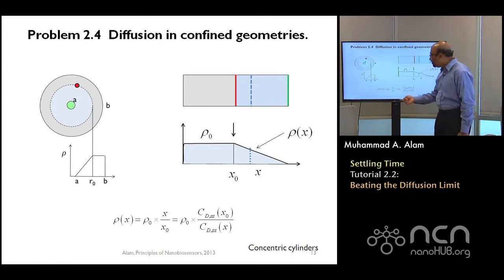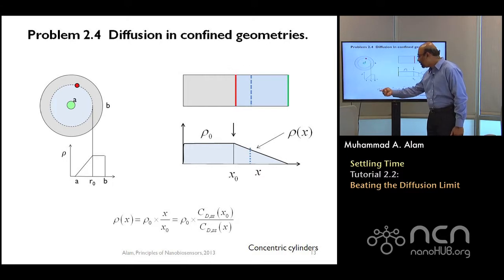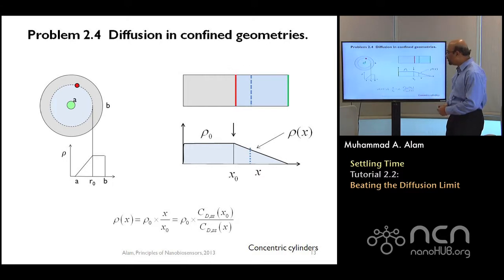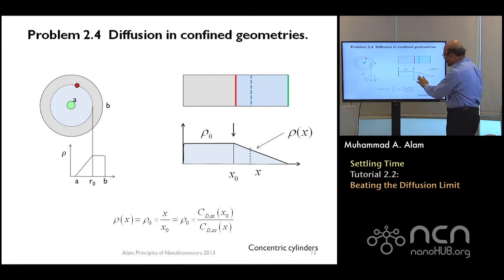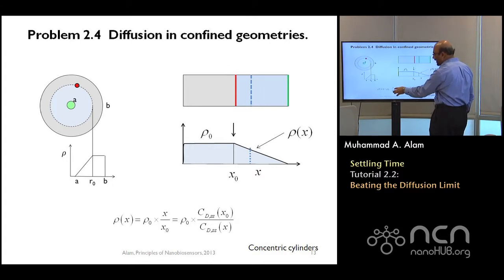And so if you wanted to calculate the carrier concentration or the biomolecule concentration at any location X, you'd say that this is a straight line because it's a constant flux, and it is given by rho naught, the density, over X0. So rho naught divided by X0 gives you the slope. And if you wanted to know how high this ordinate is, you will just multiply with X.